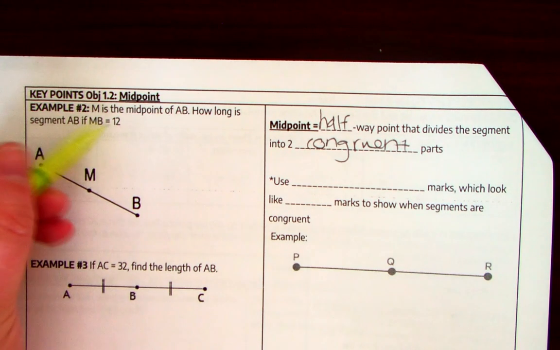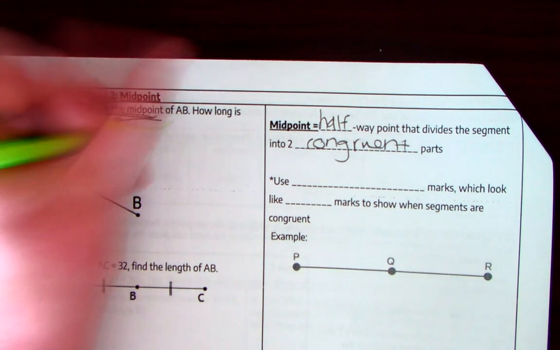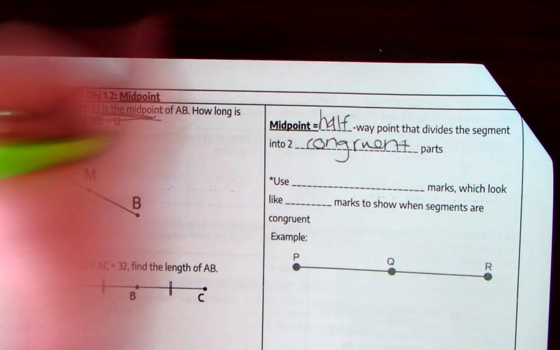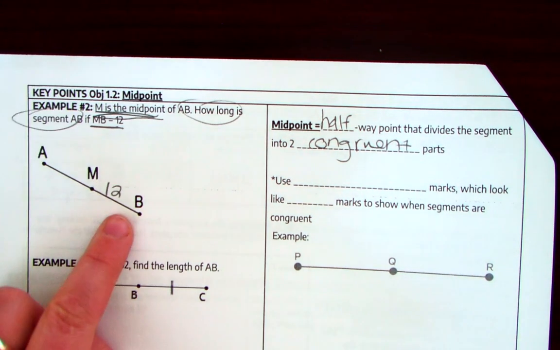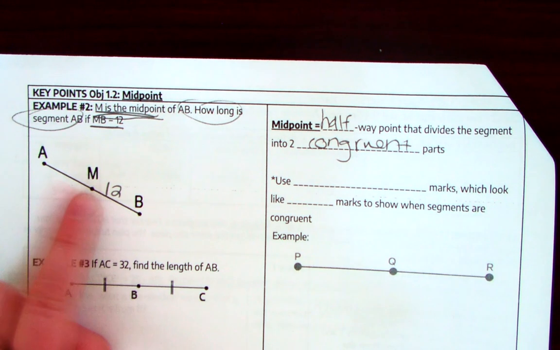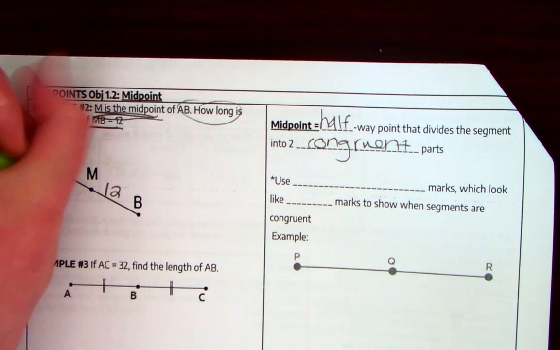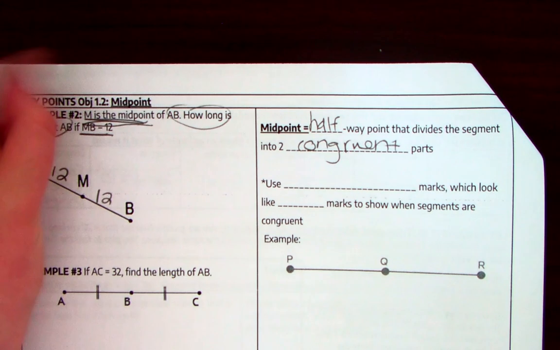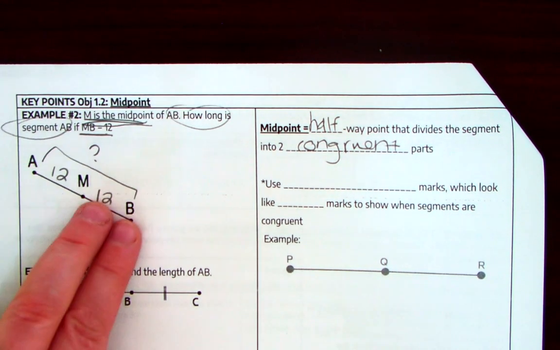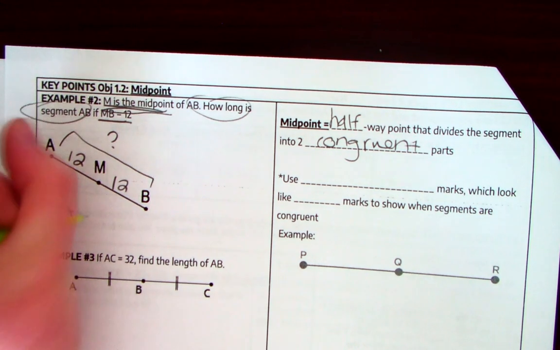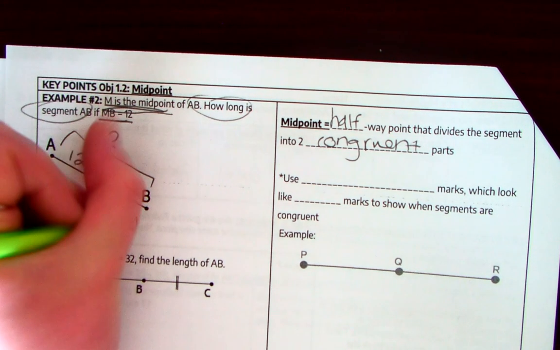Okay, so if I read M is the midpoint of AB, and it wants how long is segment AB if MB is 12? Well, if MB is 12 and M is in the middle, that means AM is also going to be 12. So how long is AB? Well, segment addition postulate, AM plus MB, I can do 12 plus 12 and get 24 for that total segment.